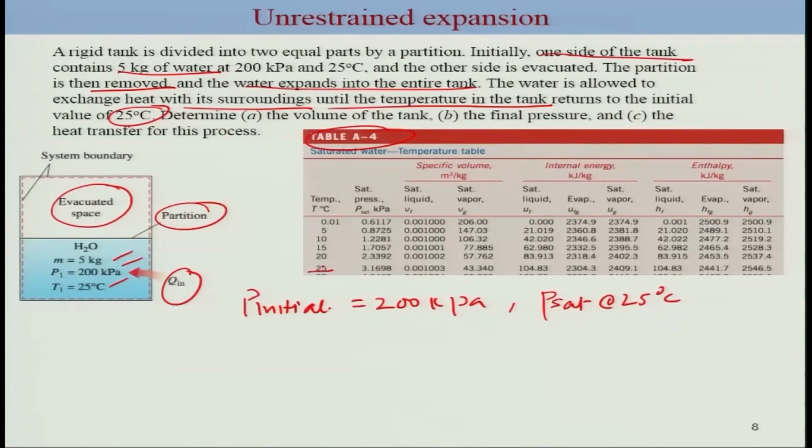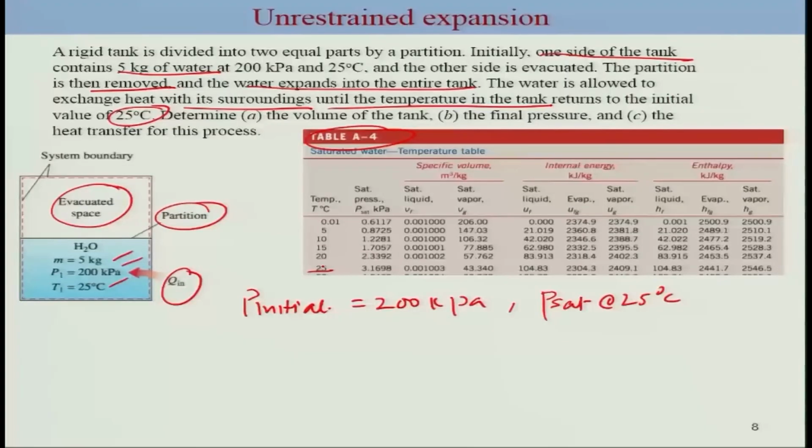This is 25 degrees Celsius, and the corresponding pressure is much lower than the initial pressure. In other words, the initial pressure of the system is much higher than the saturation pressure at 25 degrees Celsius, which essentially means that the system is compressed, because the pressure is much higher than Psat. So this is a compressed liquid.